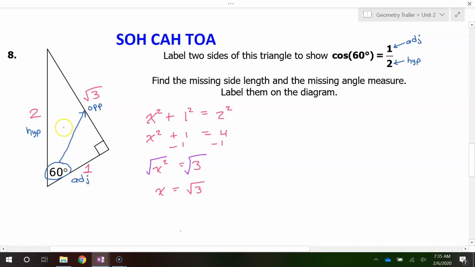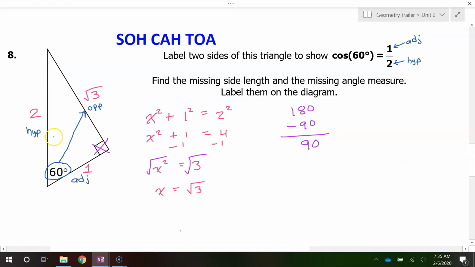If you start from 180 and subtract 90, you have 90 left. That means I have 90 degrees left to be shared between these remaining two angles.